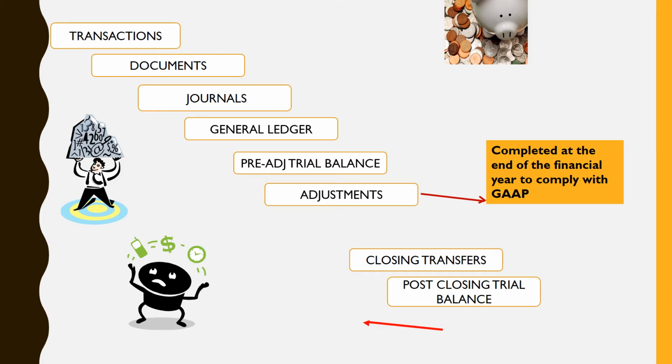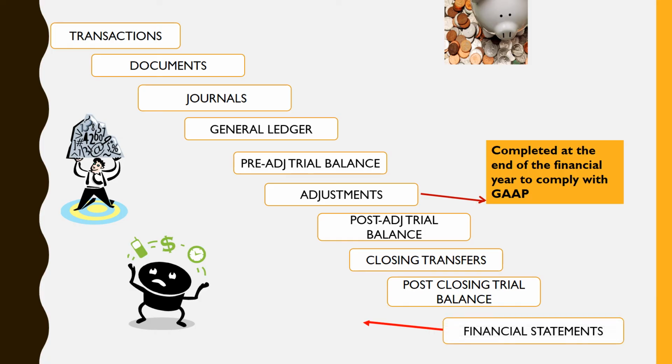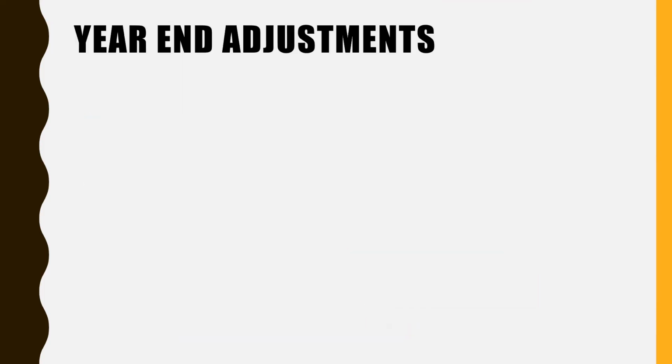We would then post back to the general ledger and then draw up a post-adjustment trial balance. We use our post-adjustment trial balance to do post-closing transfers, and we then draw up a post-closing trial balance. We then will be able to draw up financial statements at the end of the year. We are only going to concentrate on adjustments for now.